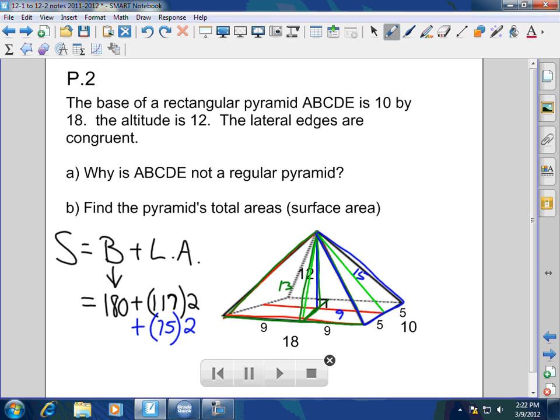And then this is going to give me in total 180 plus 150 plus 117 times 2. So what does that give me? 564 square units. So please be aware that you have to find the base area and then the lateral area for pyramids.